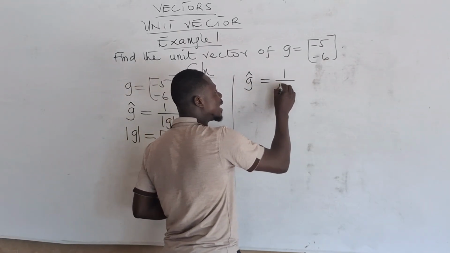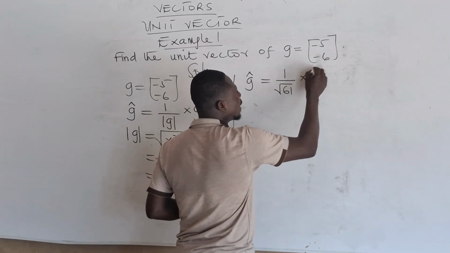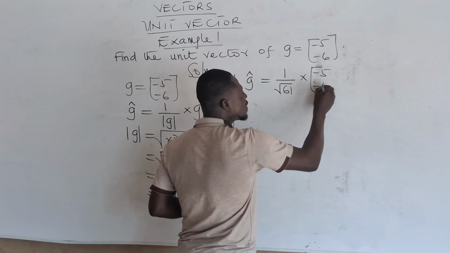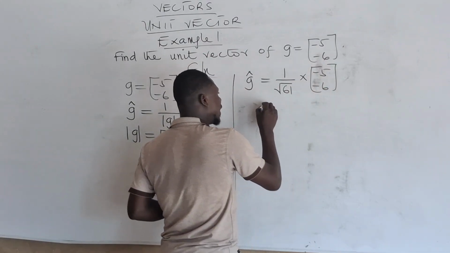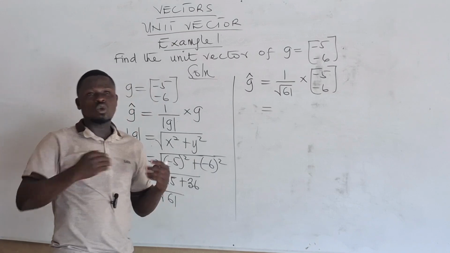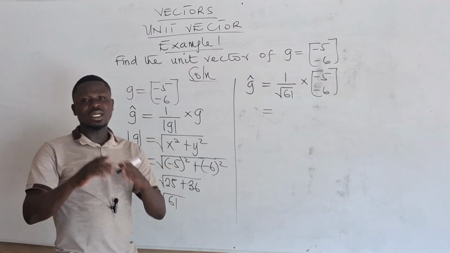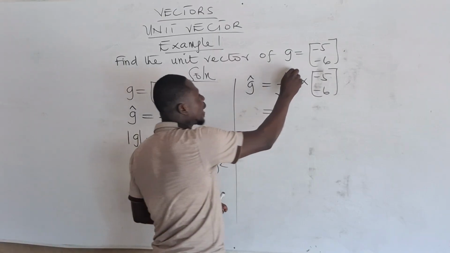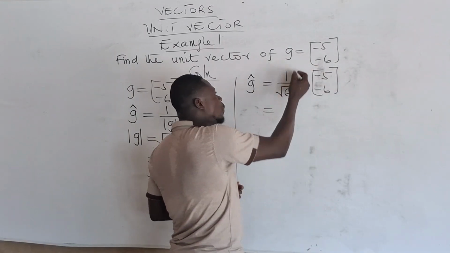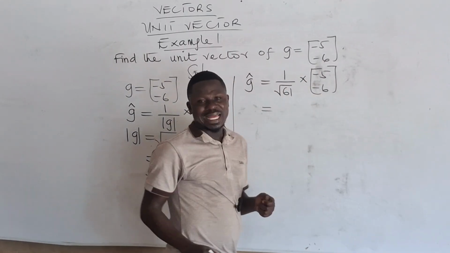So you write it here, 1 on the square root of 61 multiplying the vector itself, -5, -6. Now the 1 on the square root of 61 has become a scalar. What it means is that you pick this, you multiply it by the x component, you pick the same thing, you multiply it by the y component.